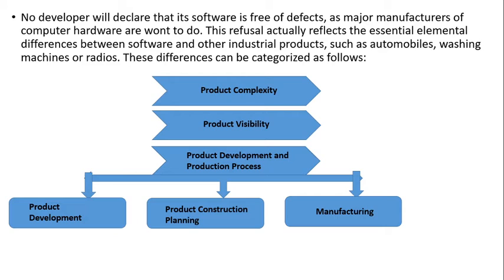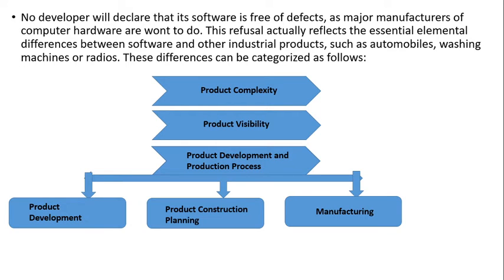But other industrial products and their development process are visible to the end users. For example, in automobiles, if spare parts are required by the customer, they are easily available for that automobile. But software does not have any spare parts.